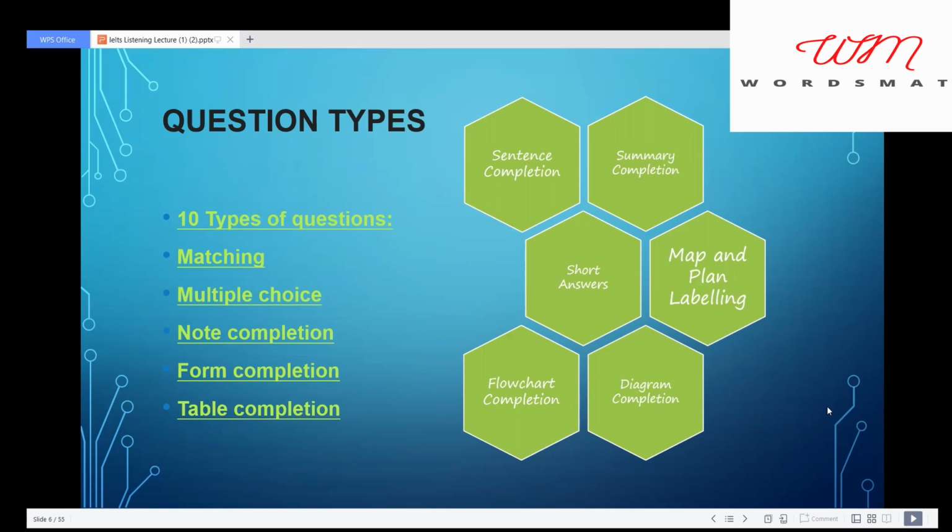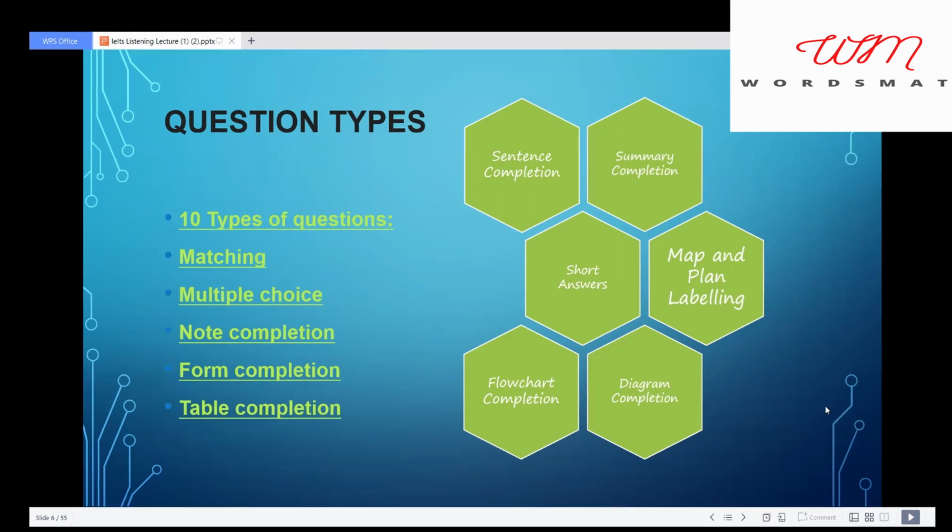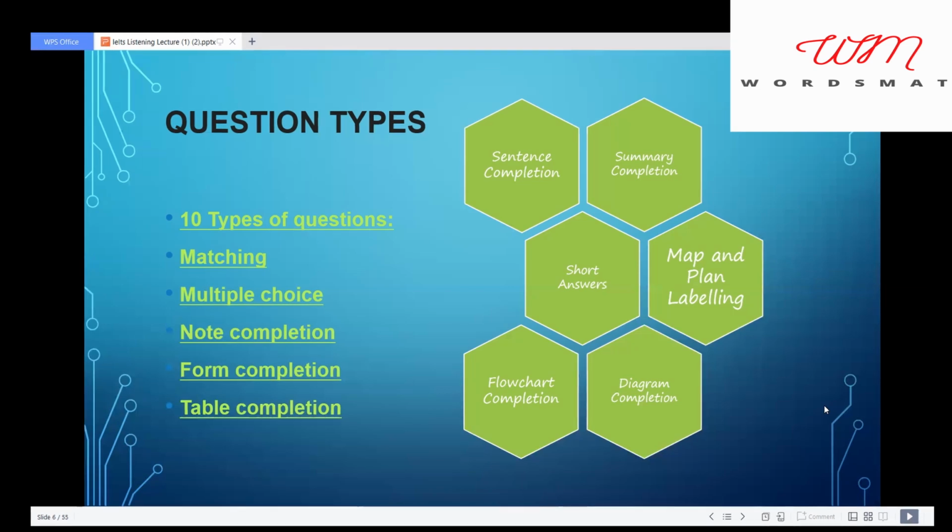Then we have note completion, form completion, table completion, sentence completion, summary completion, short answer questions, map and plan labeling type questions, diagram completion, and flow chart completion. So these sorts of questions would appear in our real IELTS test. Not all the question types would appear, but each section will contain one or two question types from these 10 question types. All right, so that's all about it.